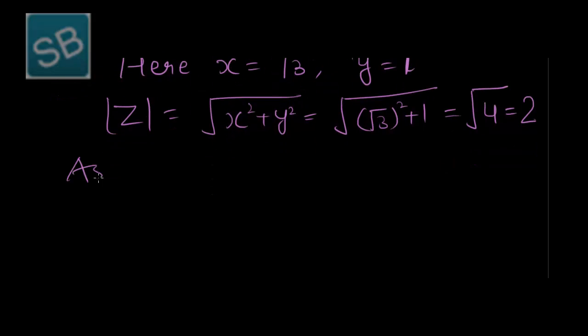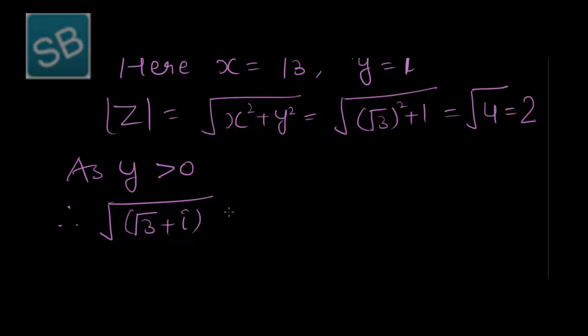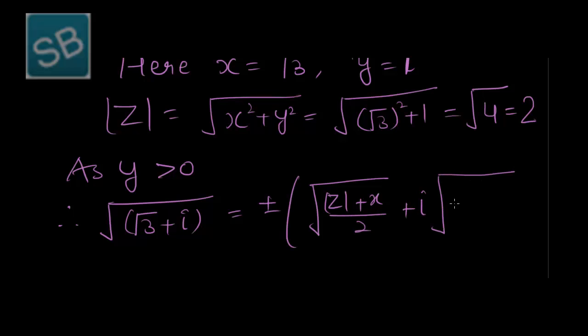As y is greater than 0, therefore the square root of root 3 plus iota is plus minus under root of mod z plus x over 2, plus iota under root of mod z minus x over 2.